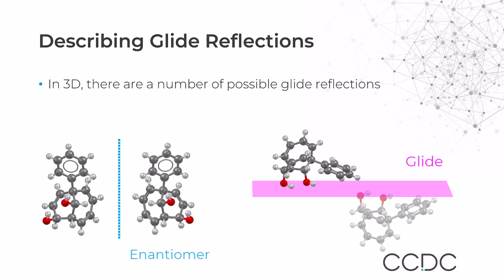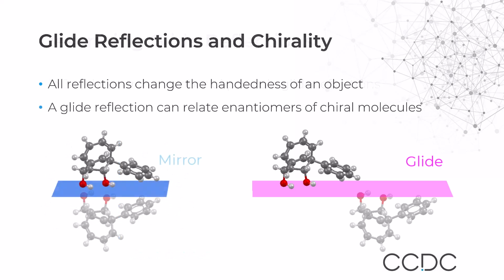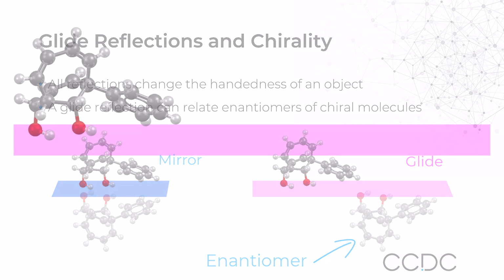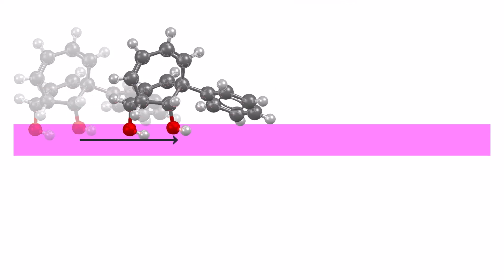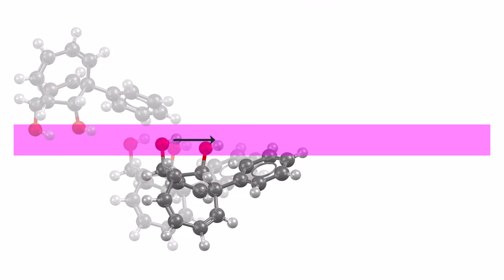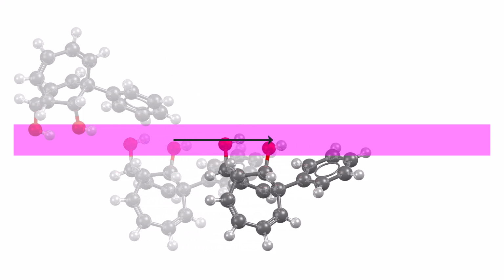Looking at these diagrams, we can see that the difference between regular reflections and glide reflections is the translation of the image from the original object, in this case the enantiomer of the original chiral molecule. In the animation, you can see what happens if we keep on applying a glide operation. A line of molecules is created in a zigzag pattern, with the second, fourth, and so on molecules being enantiomers of the first.